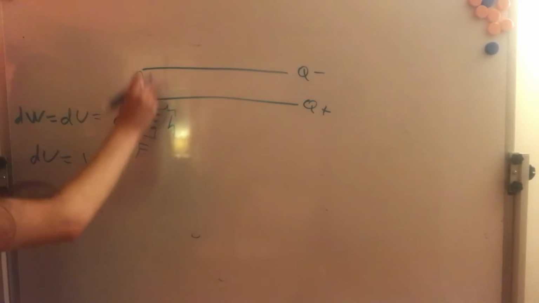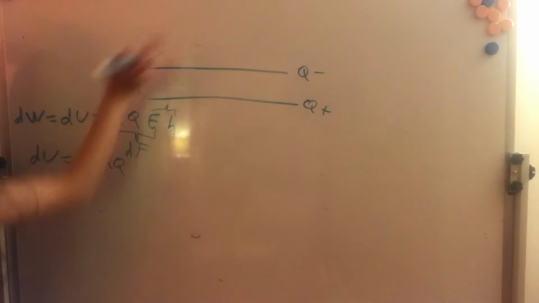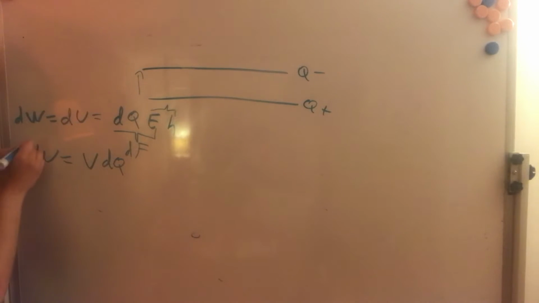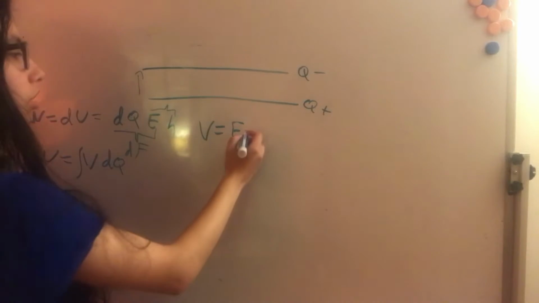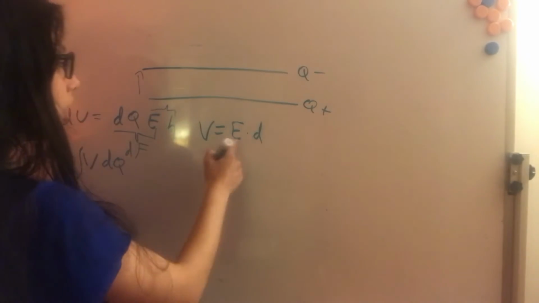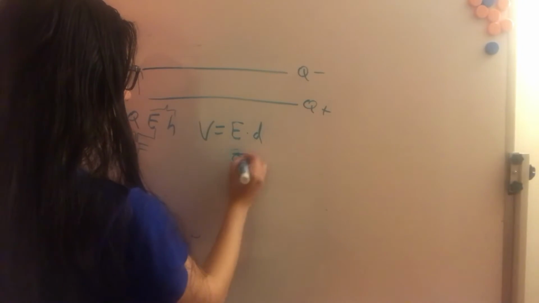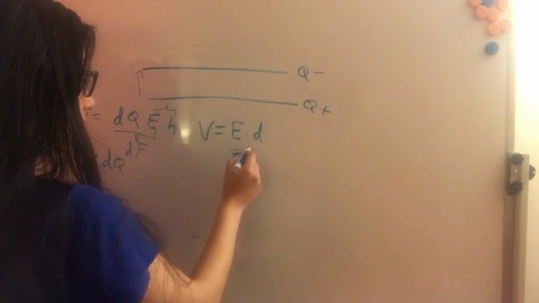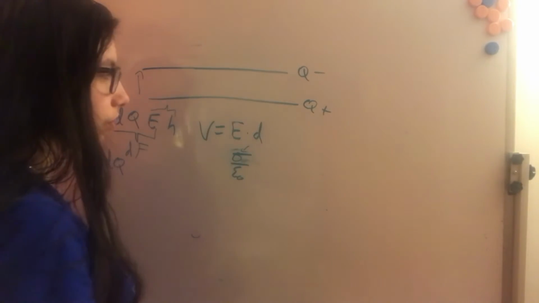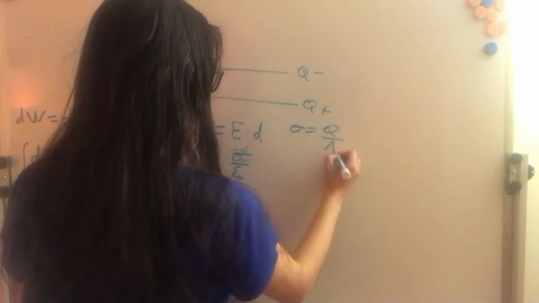If we want the total work done from moving this negative parallel plate to the distance, it is the integral of this. But we know that the voltage is the electric field times the distance, and the electric field is sigma divided by epsilon naught, where sigma, the surface charge density, is the charge per area.